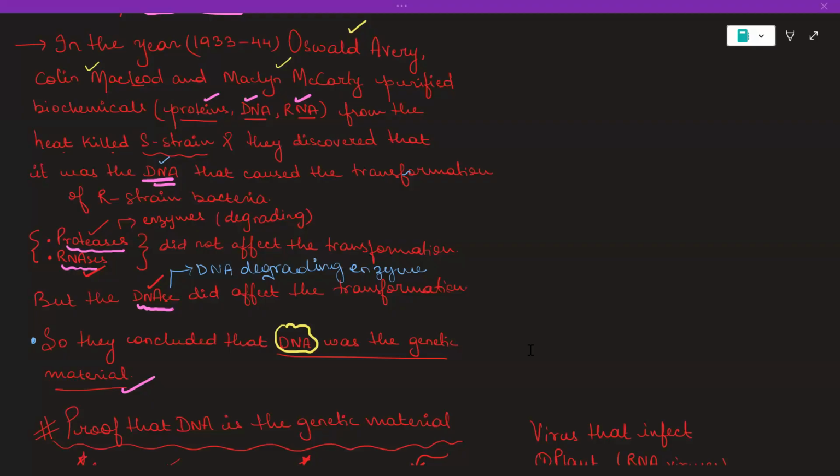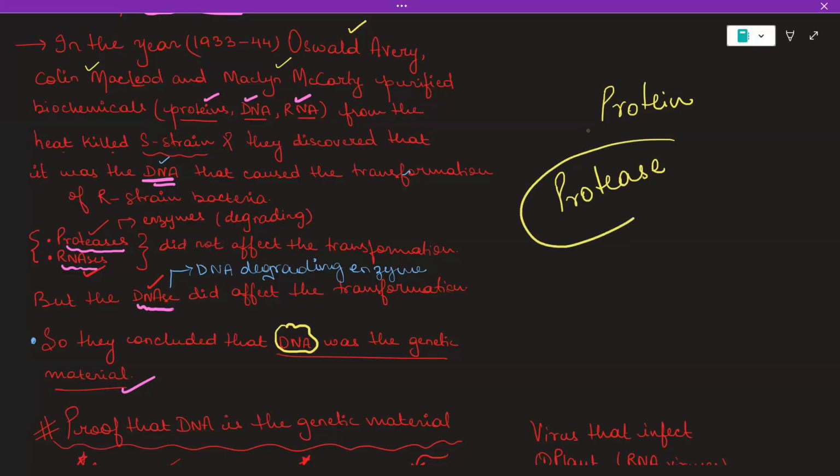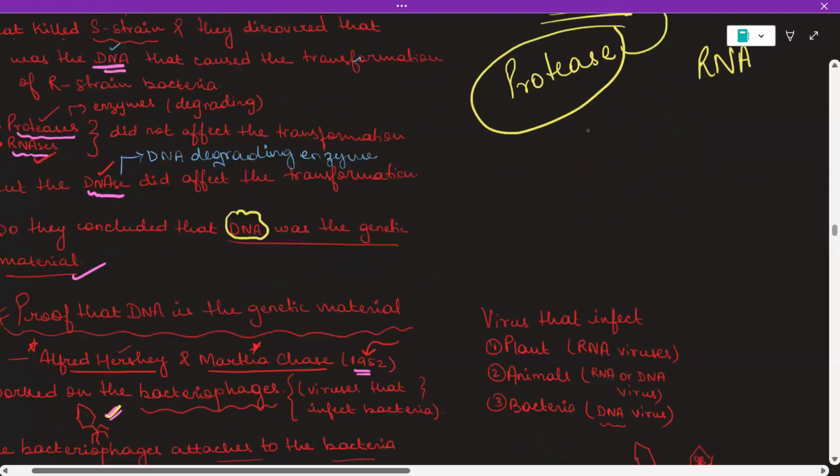Yes, dear. What's degrading? Degrading means something that destroys the other thing. For example, proteins are there, and if you apply the protease enzyme, this protease enzyme is going to degrade the protein, and degraded means to destroy it. Same way, if RNA is there, then you should apply RNase.